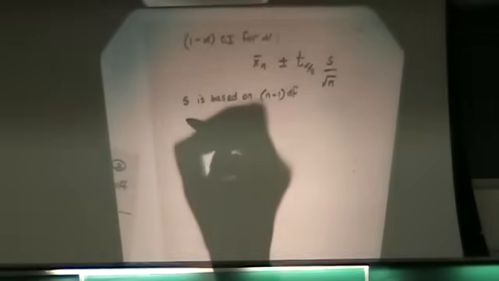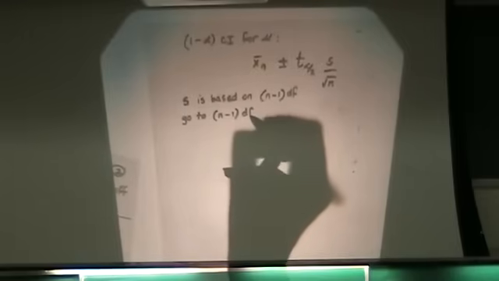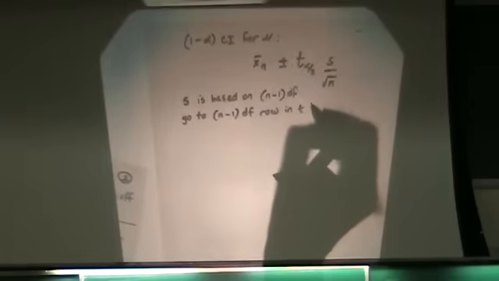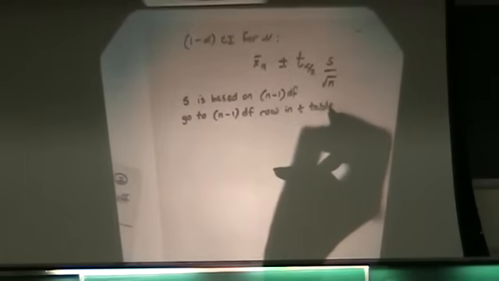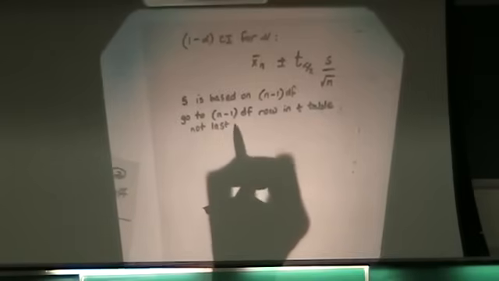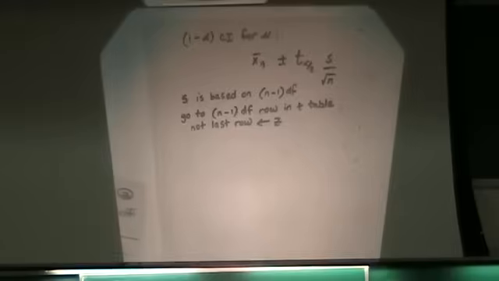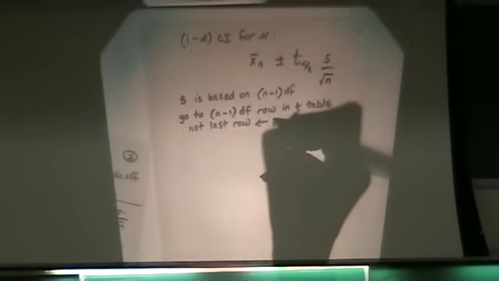So you will now go to the n minus 1 degrees of freedom row in the t-table, not the last row, because the last row was for z, and you are not dealing with z, you are dealing with t based on n minus 1 degrees of freedom.